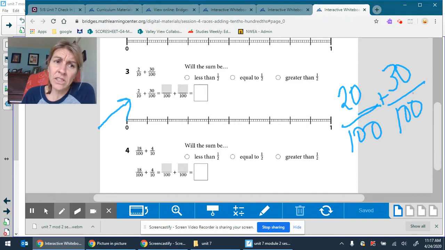You can't add fractions that don't have the same denominator. They're trying to trick you here. Often you'll get a math problem where you have to add 2/10 plus 30 hundredths, and one of the answers will be 32 hundredths because they want you to just add the 30 and the 2.